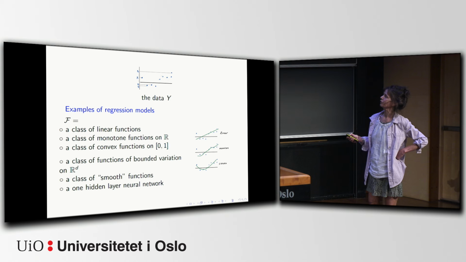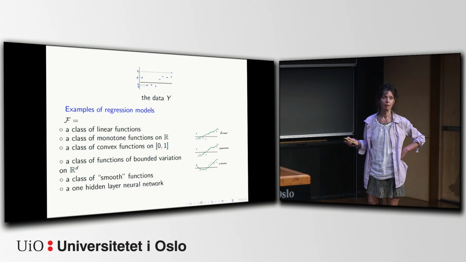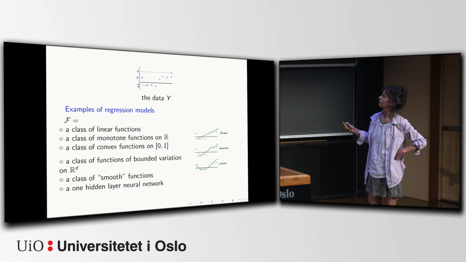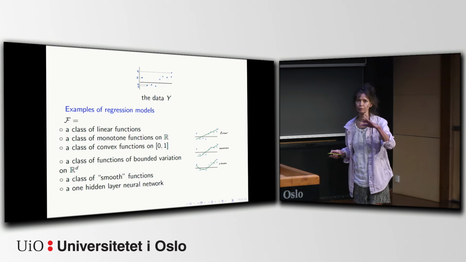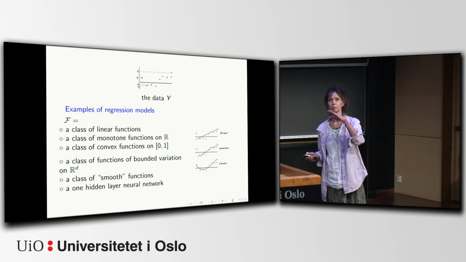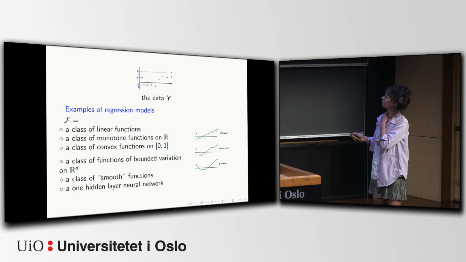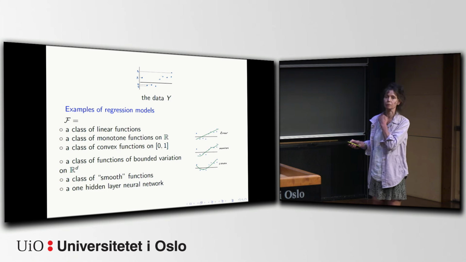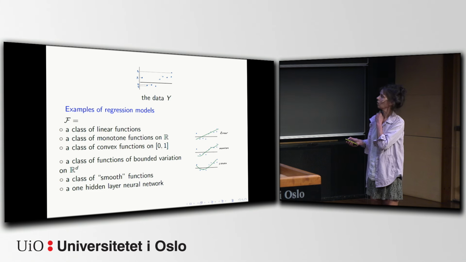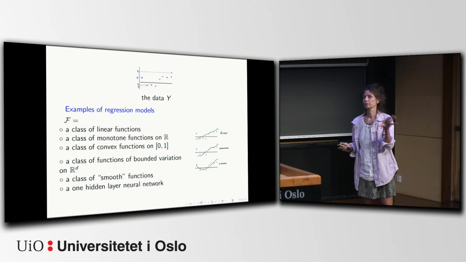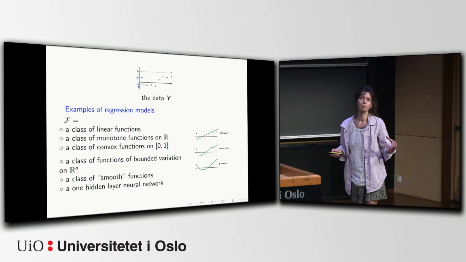And then you can think of a linear regression, where you try to fit a line through your points, or monotone regression, or isotonic regression, where the only requirement when you fit is that the function should be monotone. Or it could be that you require the function to be convex, or you require the function to be of bounded variation.